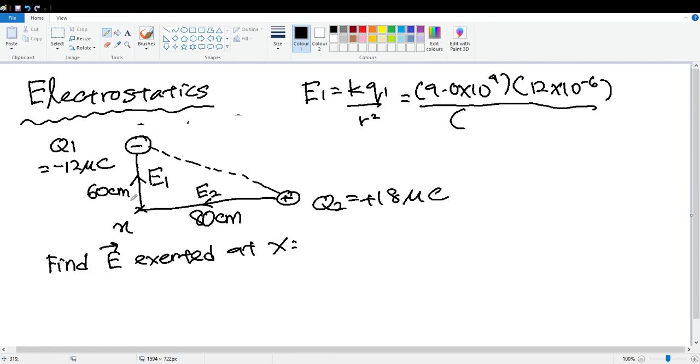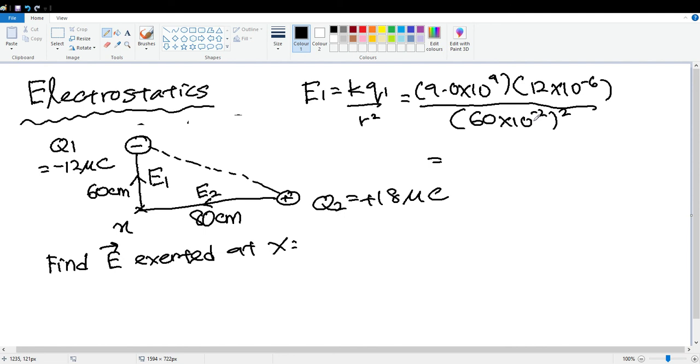This shall be our r squared, so r is 60 times 10 to the power negative 2, squared. So 9 times 10 to the power of 9, times 12 times 10 to the power of negative 6, over 60 times 10 to the power negative 2, squared.